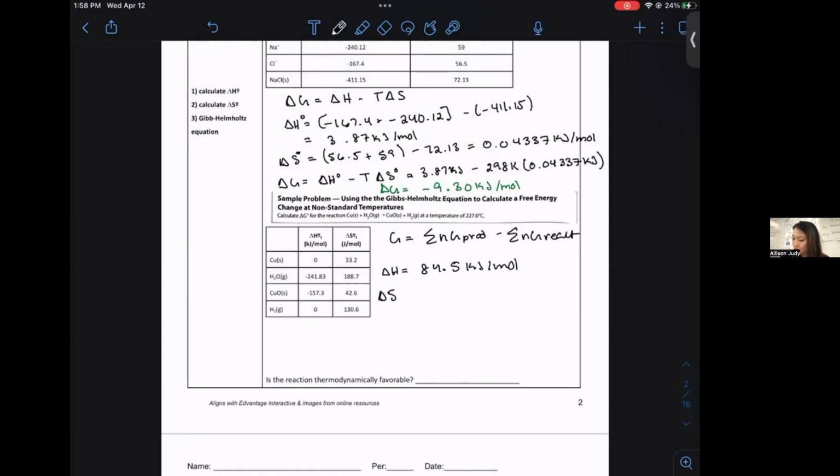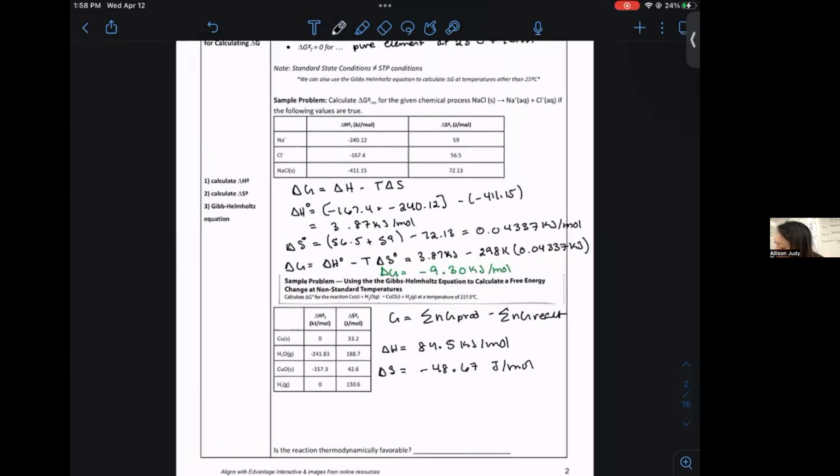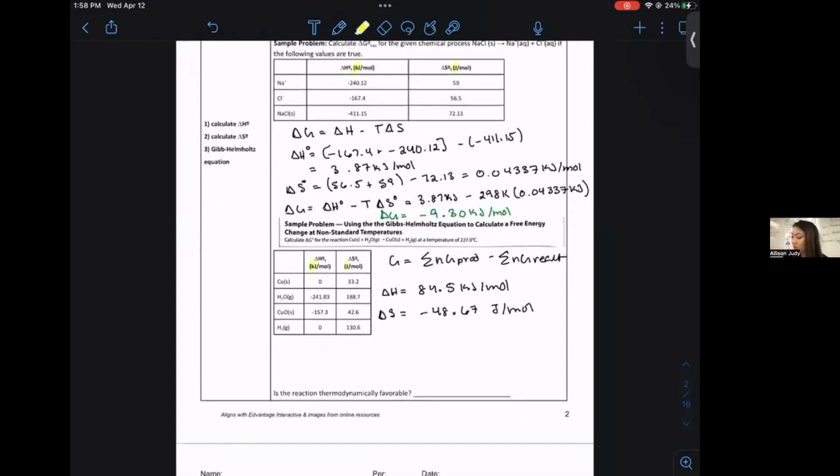S equals negative 48.67 joules per mole. Okay. And remember, entropy tends to be in joules, but enthalpy tends to be in kilojoules. So you're going to want to keep track of those conversions in between.